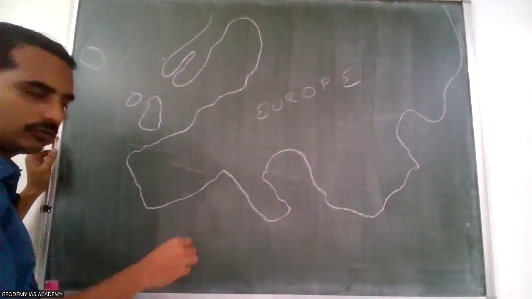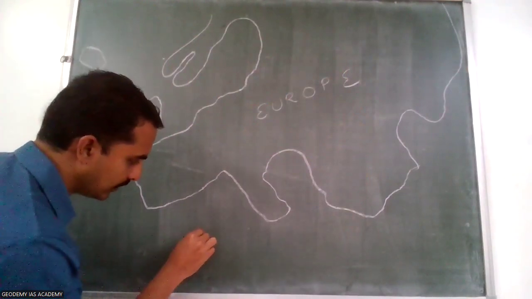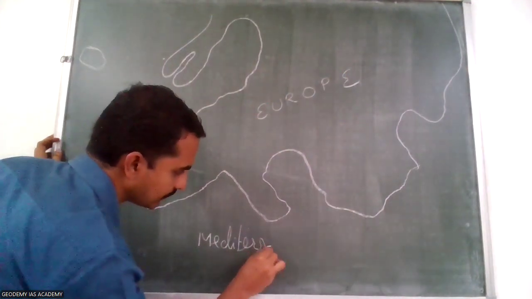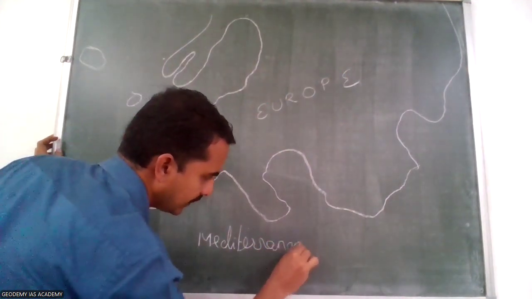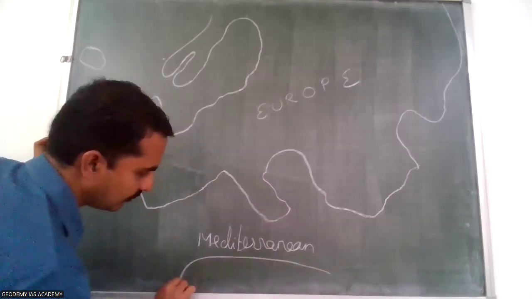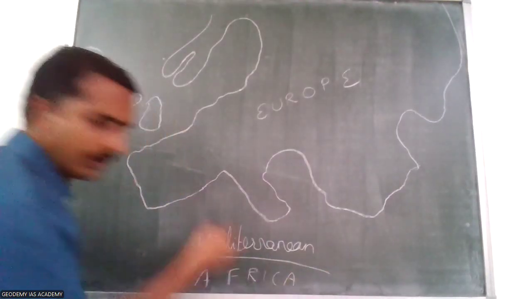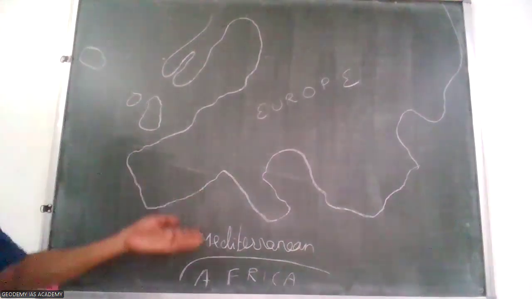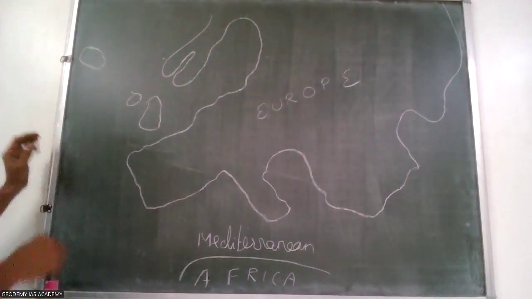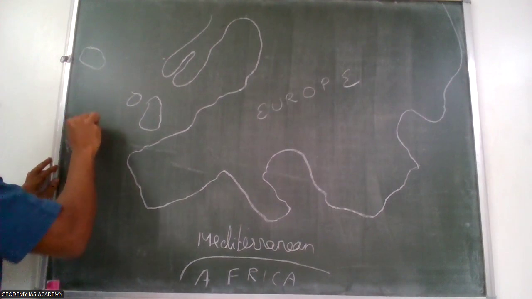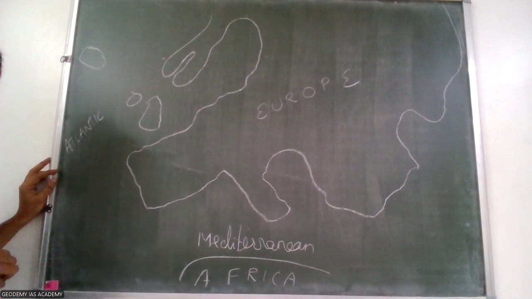Here in the south it is the Mediterranean Sea, and beyond the Mediterranean Sea, in the south, is the African continent. So here it is Africa, and the Mediterranean Sea lies between Europe and Africa. Here, in the western part of Europe, is the Atlantic Ocean.